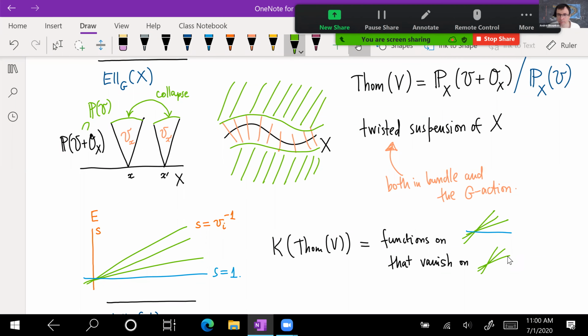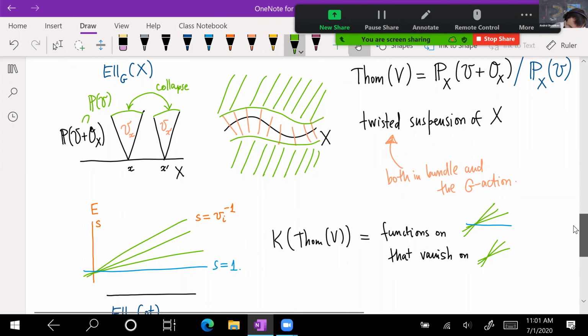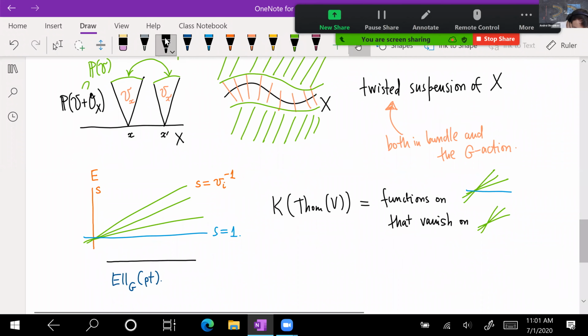Right? So my functions are all zero here, and they can be something non-zero here. But they have to vanish where that blue thing intersects the green. Is that clear?